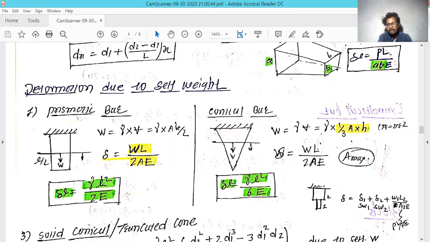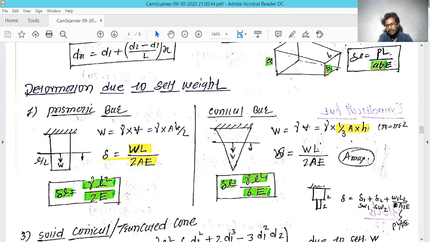But the weight is acting on only the half of the cross section, which is nothing but half of the length of that object. So we have to change that length; the complete length L that we have taken, we have to multiply with L by 2. So only the weight acting is that of half of the body.